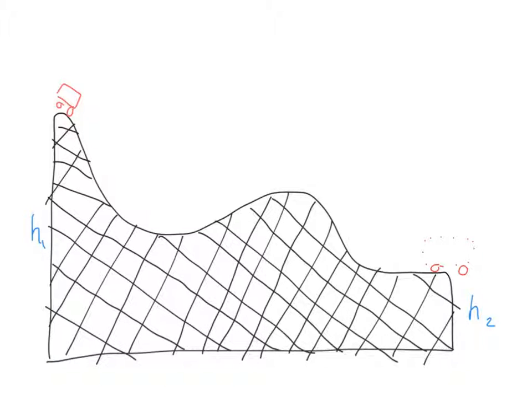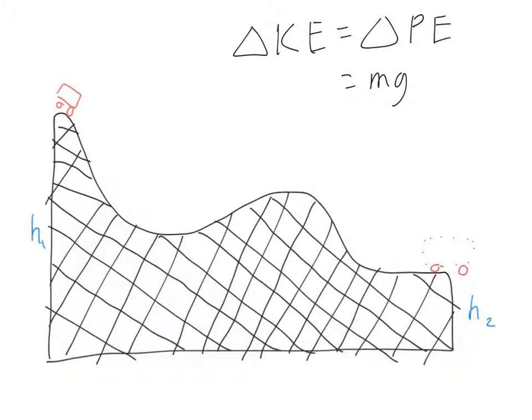So remembering, of course, that the change in kinetic energy is the same as the change in potential energy. In this case, that'll be mg(h1 - h2). And if we say at the end we want no kinetic energy, we want it to basically just barely be up there, the bare minimum case.